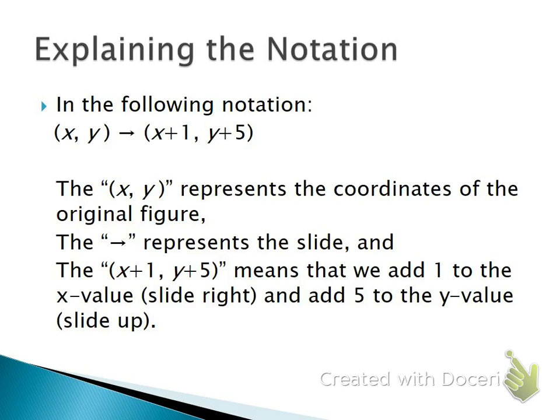And the (x + 1, y + 5) means we add 1 to the x value, or slide it right, and add 5 to the y value, or slide it up. So if the warm-up made sense to you, then this notation should not be very difficult.